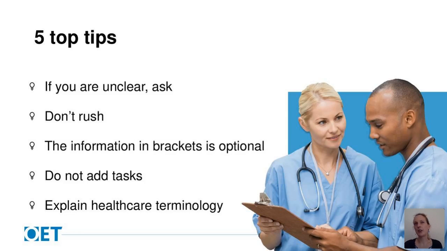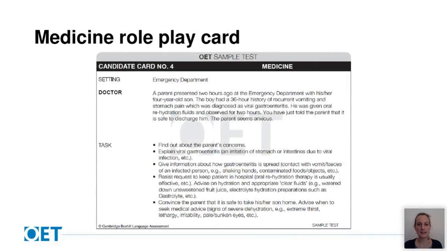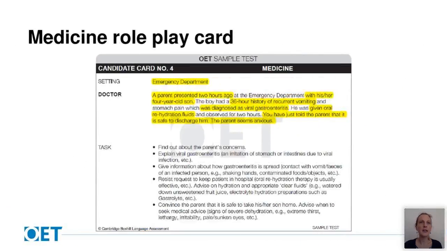So let's have a look now at the new medicine role play card, and I'm going to pick out some of the details together for you. So here you can see I've highlighted that the setting is the emergency department, and the background information tells us that the parent you were speaking to brought their 4-year-old son to the emergency department 2 hours ago after he had been vomiting for the previous 36 hours.